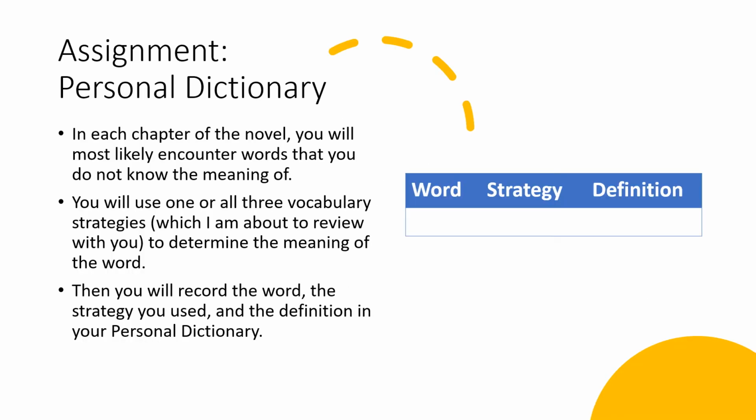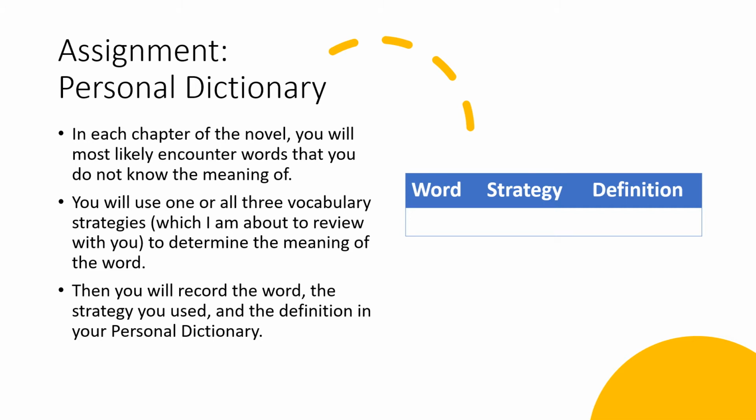So let me explain what your assignment is going to be. You are actually going to construct a personal dictionary. Of course, this is going to help you better understand the novel, which will improve your assessments as we read, but also it will help you build your vocabulary. In each chapter of the novel, you will most likely encounter words that you do not know the meaning of.